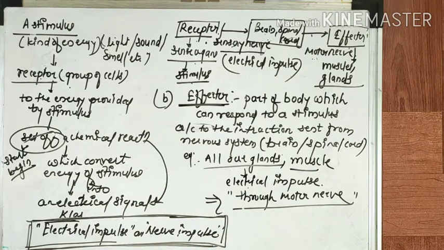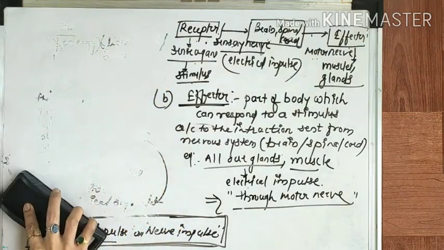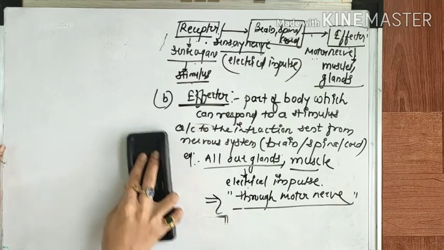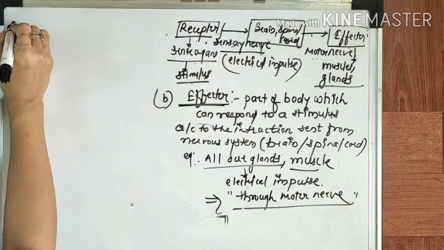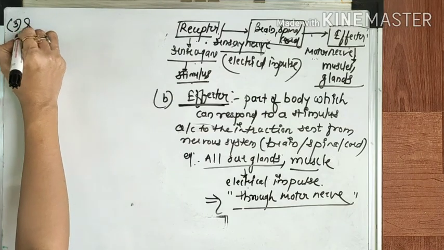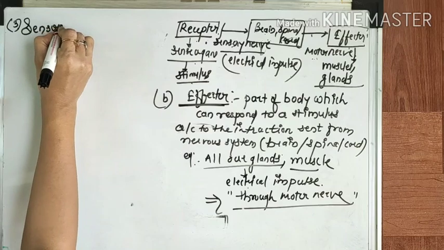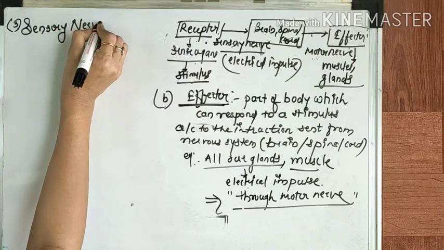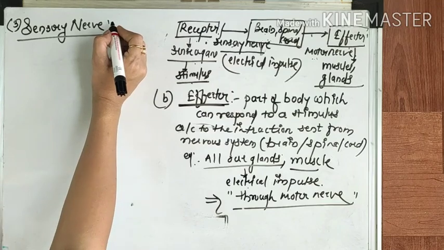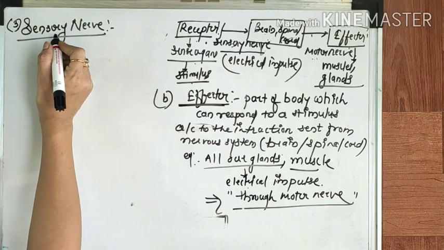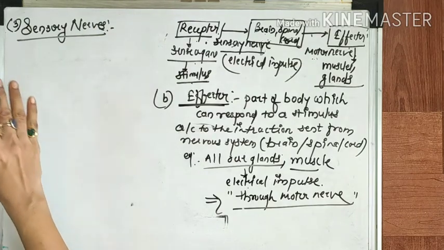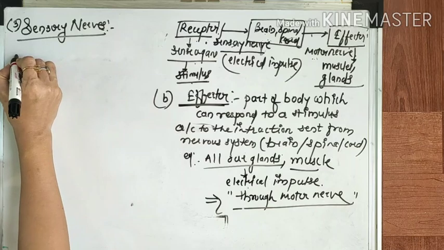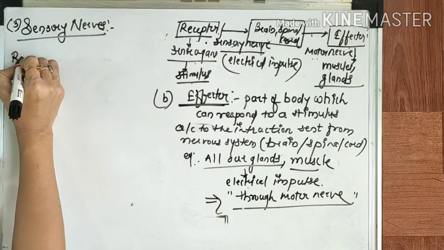Now we will see what we mean by sensory nerves and what we mean by motor nerves. First we will see sensory nerves. What is meant by sensory nerves? Sensory nerves are the nerves which carry the information from the receptor to the brain.